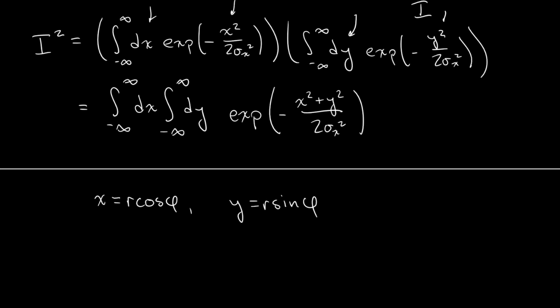Okay? Now, I've talked about this before in these streams, and when I have my differential area element, dx dy, in Cartesian coordinates, and I shift to polar coordinates, this becomes r dr d phi.